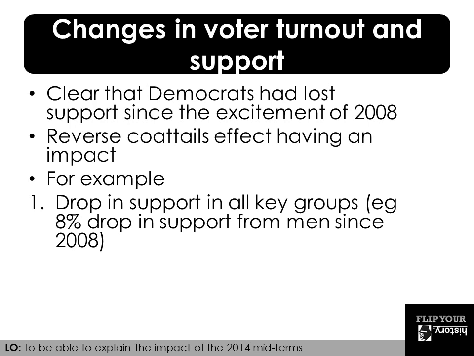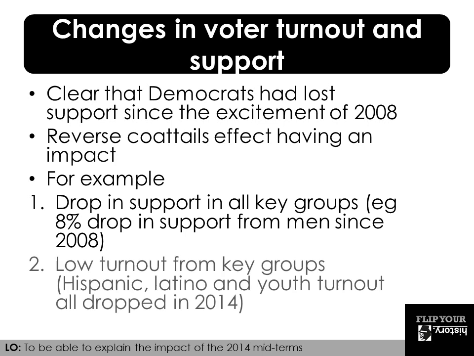Actually, there's been a drop across all different recorded groups since 2008. And secondly, there is a low turnout from key groups in the 2014 election, with Hispanic, Latino and youth turnout all dropping in 2014, arguably because there was a sense of disillusionment with the Democrats, and particularly Obama.